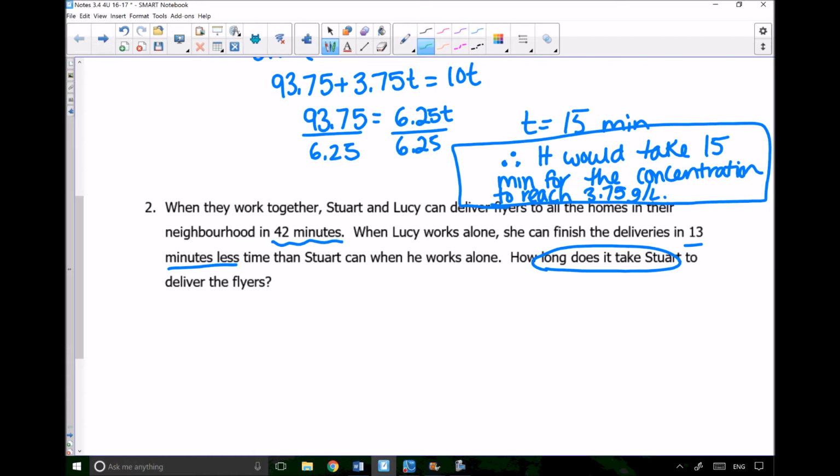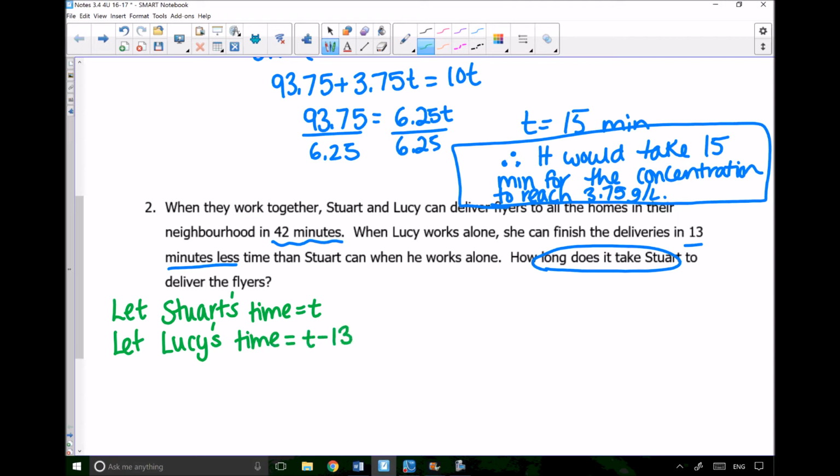So the first thing I'm going to do is identify what I don't know. And I don't know the time it would take Stuart to deliver the flyers. So we're going to say let Stuart's time equal t. Well, if Stuart's time is t, then we can write an expression for Lucy's time. It takes Lucy 13 less minutes, so we can say it's t minus 13.